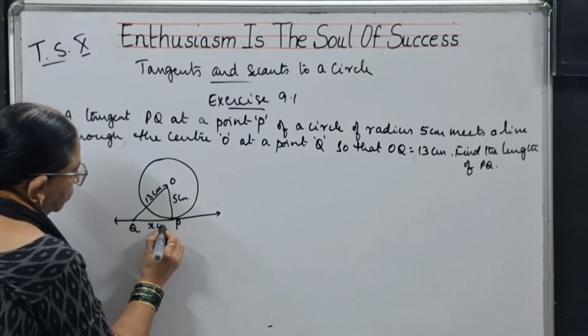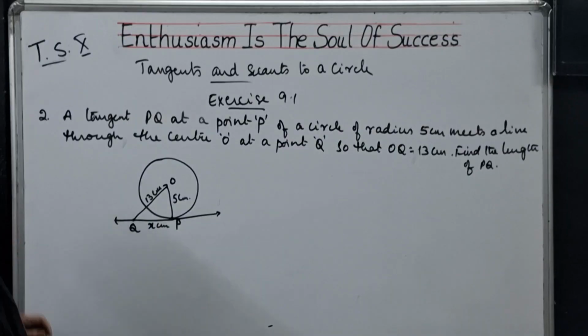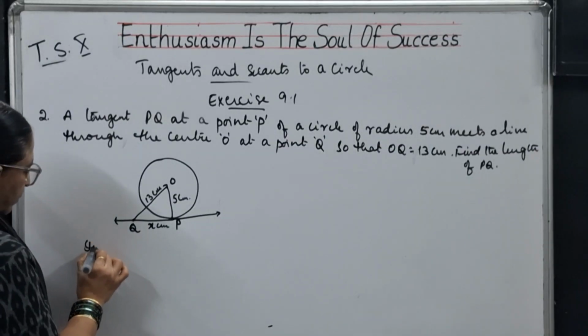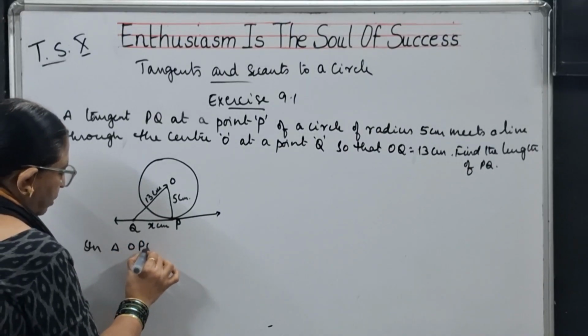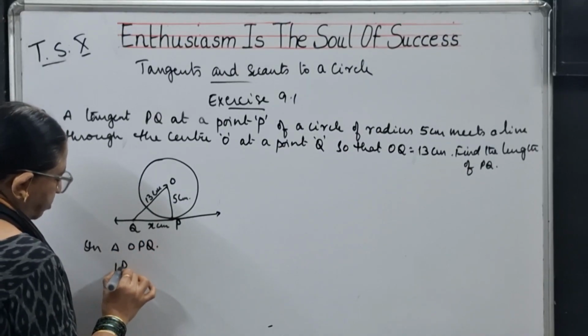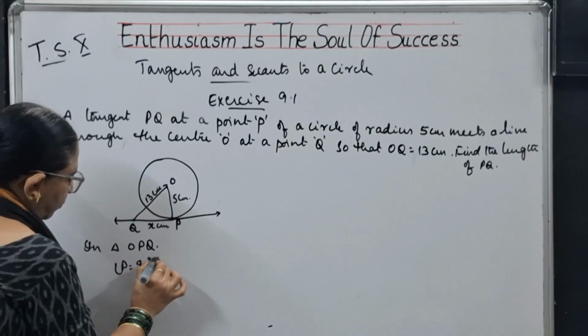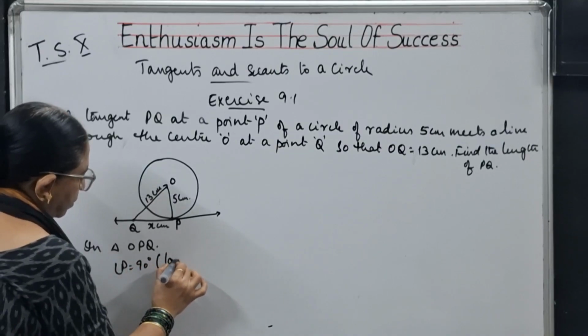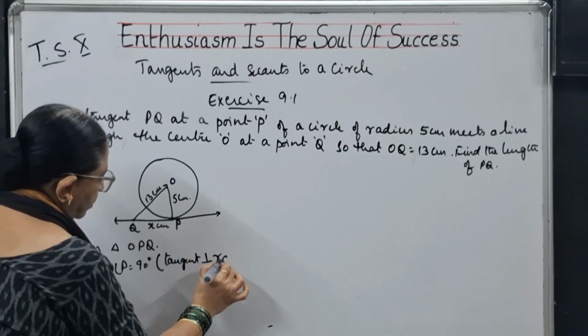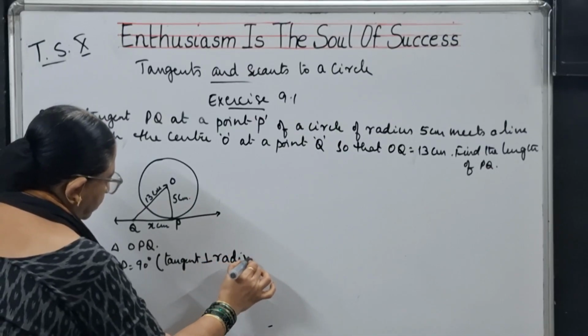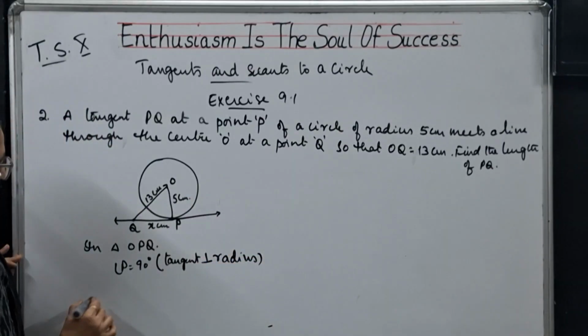What is this PQ? X centimeters. That is what they are asking. So, in triangle OPQ, angle P is 90 degrees. Why? Because the tangent is perpendicular to the radius. So it is 90 degrees.